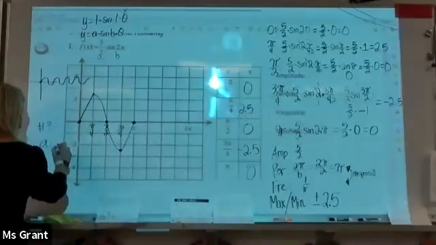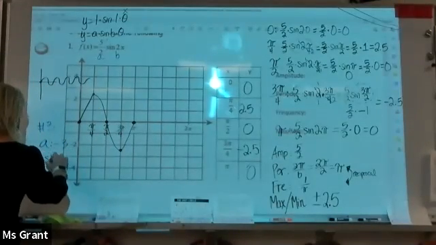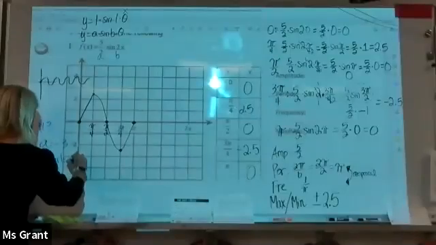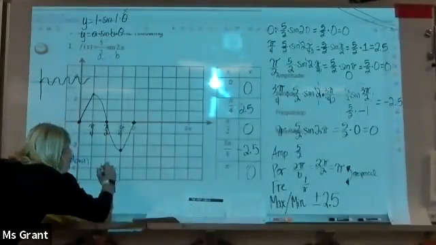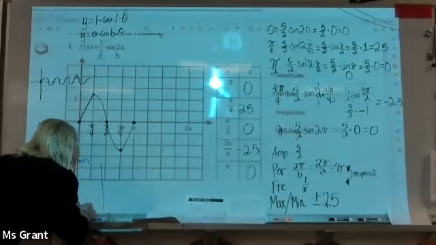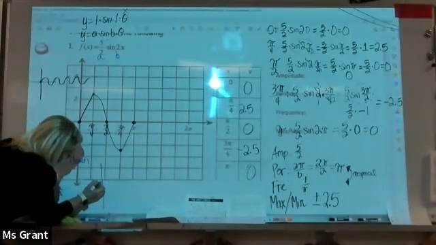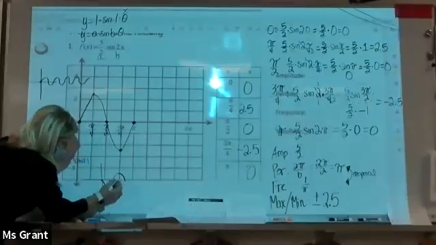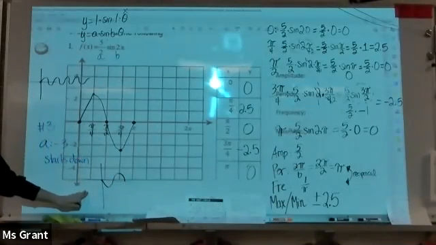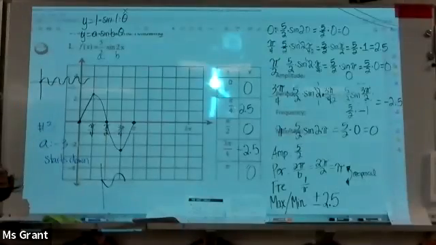Negative 3, so sine starts downward. So this is what it looks like. Down. Okay. Keep a heads up for number 3.